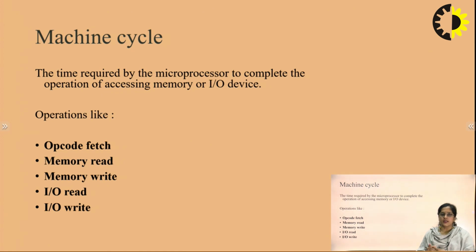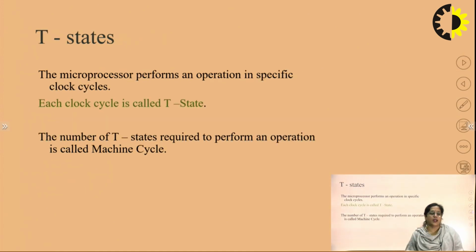Each instruction consists of some machine operations. A machine operation or machine cycle is the time required by the microprocessor to execute a particular machine operation like opcode fetch, memory read, memory write, IO read, and IO write. Whenever the microprocessor performs any machine operation, it takes some time, and the combination of these machine cycles constitutes an instruction cycle.